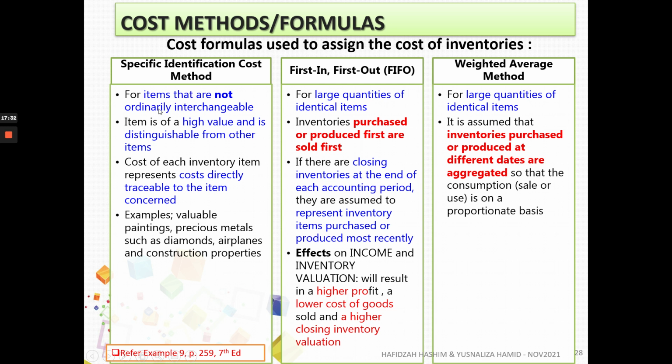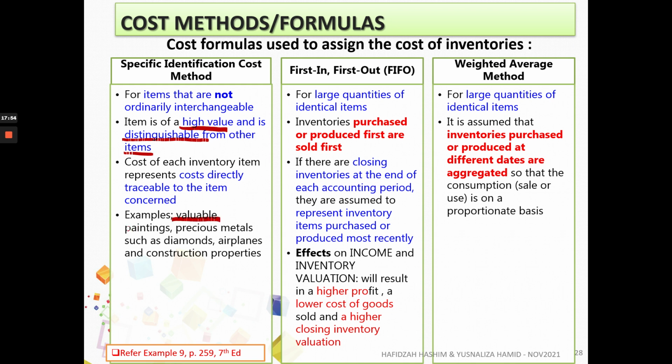What are the inventories that normally use the specific identification cost formula? These are normally items that are not ordinarily interchangeable. They have high value and are distinguishable from other items. What are those items?